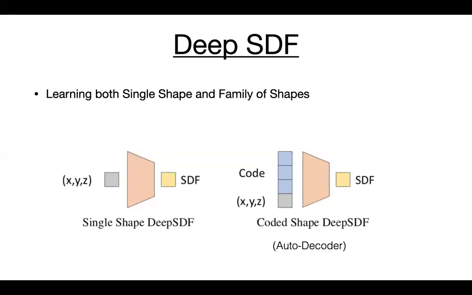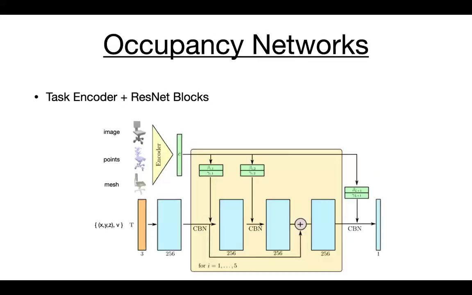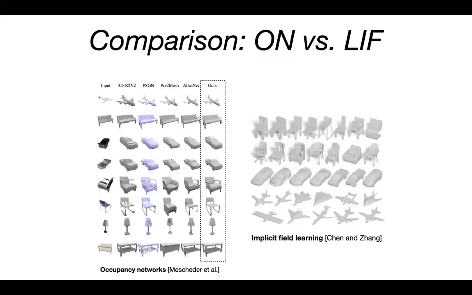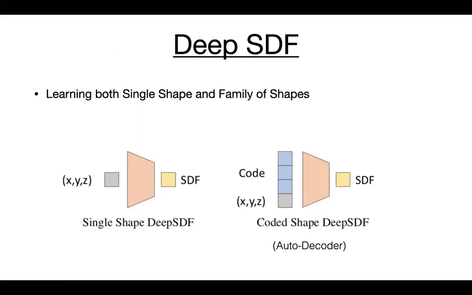DeepSDF introduced one interesting thing. That's the reason I singled it out here, because if you see these two networks, they have a sort of encoder-decoder, right? And DeepSDF introduced what they called an autodecoder. In that sense, they sort of divide the architecture in two types.